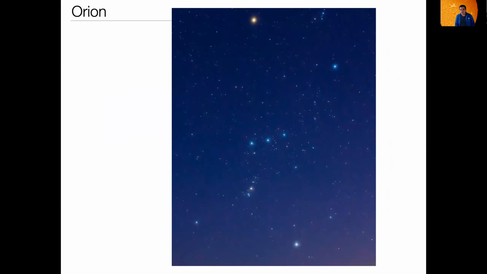Here we're just zoomed in on Orion. The Pleiades are way off to the right in the image, but you can see the belt in the center and the sword of Orion. I'll point out the red star at the top is Betelgeuse, and the blue star at the bottom is Rigel. If we were to take the individual spectra of Betelgeuse and Rigel, they follow this pattern that Annie Jump Cannon discovered.